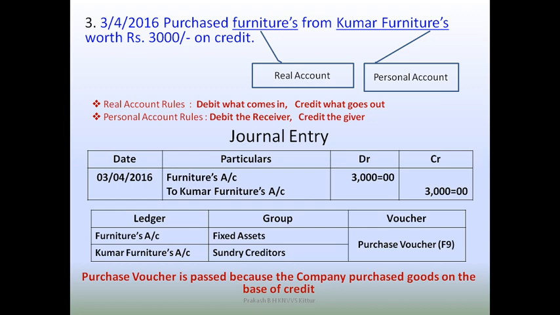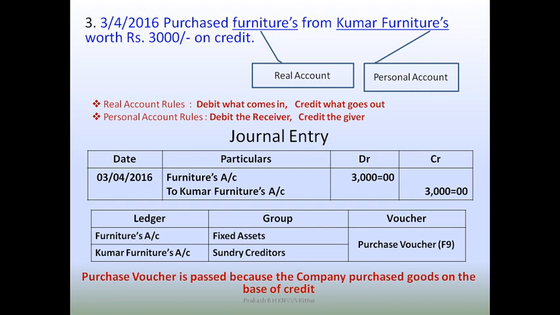Here furnitures is a real account, and Kumar Furnitures is a personal account. The real account rule said that debit what comes in, credit what goes out. The personal account rule said debit the receiver and credit the giver. Now let us make the journal entry.